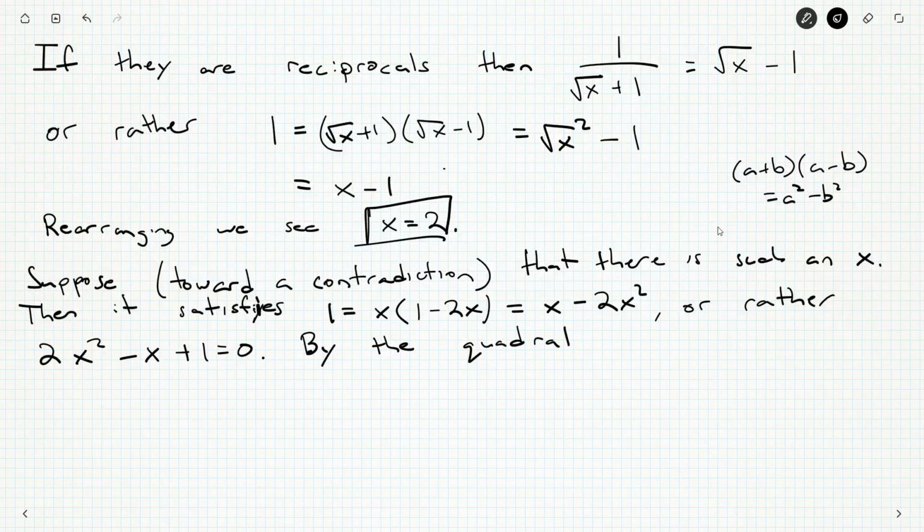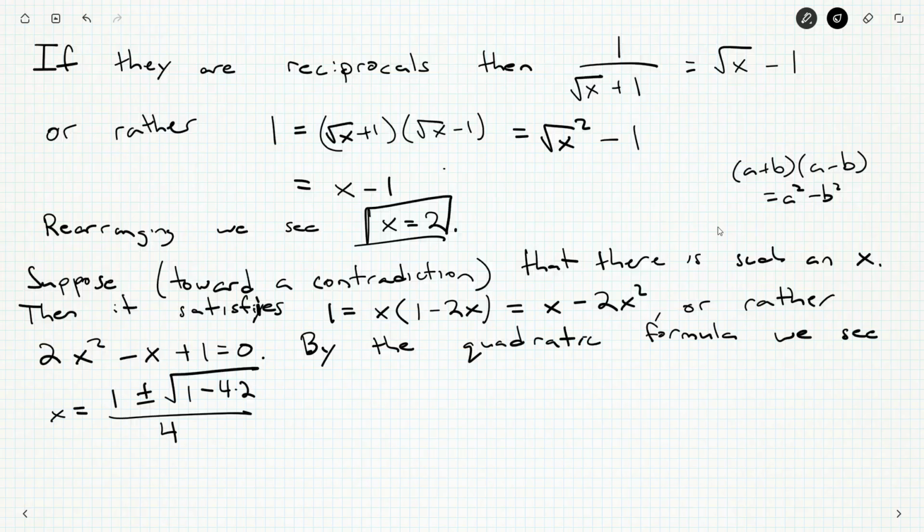So by the quadratic formula, we see, well, x is going to be what? Negative b plus or minus the square root of b squared, so negative 1 squared, minus 4ac, where a is 2, c is 1, all over 2 times a, which is 4.